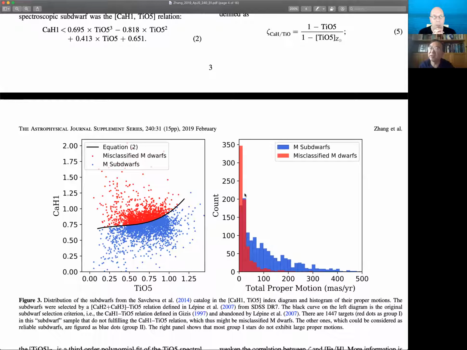She used the radial velocity from the West catalog. That catalog is the M-subdwarf catalog.